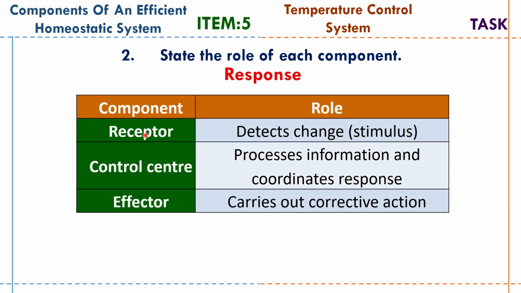We have the receptors. These detect change or the stimulus. Control center processes information and coordinates response. Effector carries out corrective action.